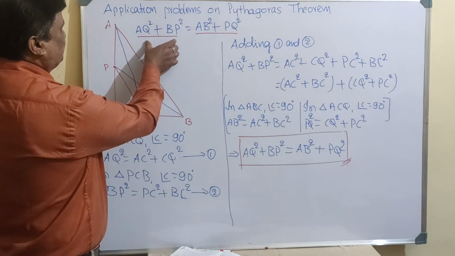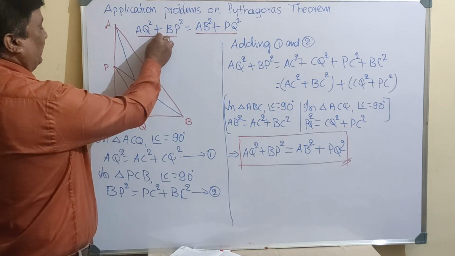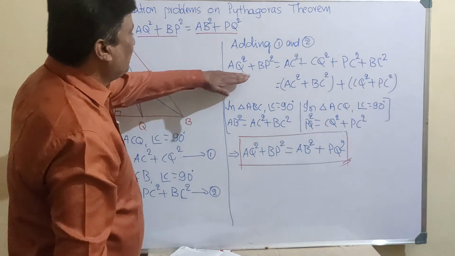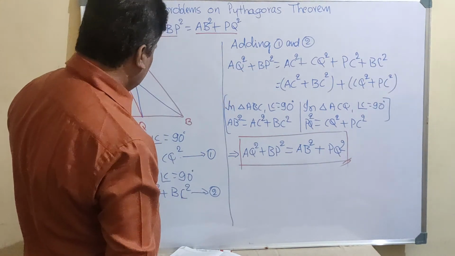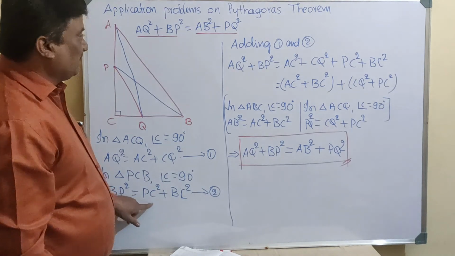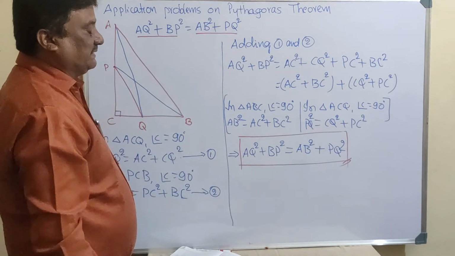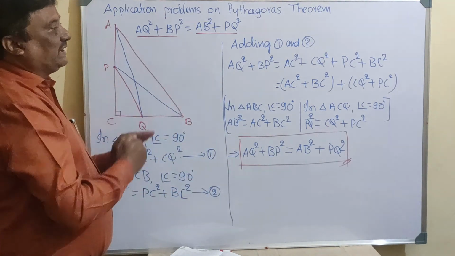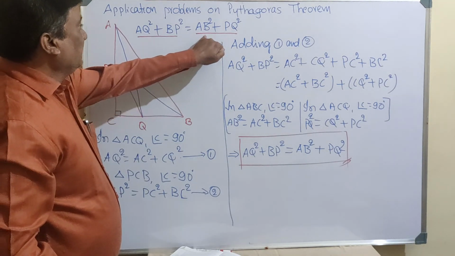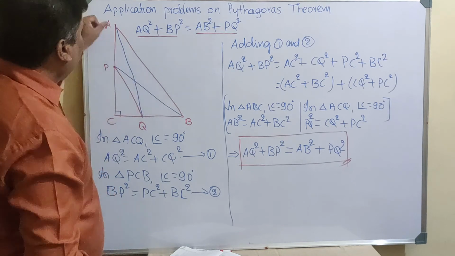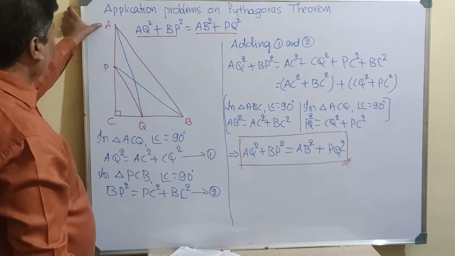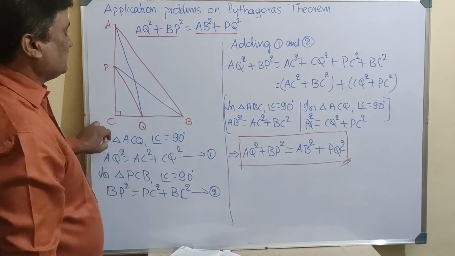Now AQ square plus BP square, it is added. So we want to add equation 1 and equation 2. AQ square plus BP square is equal to AC square plus CQ square plus PC square plus BC square. Now we want to rearrange the things. Why? Because the result we want is AB square plus PQ square. For AB square we can write AC square plus BC square.